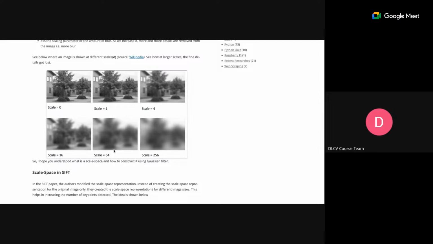So we calculated the difference, right? Now, once we have calculated the difference, there will be some points in the difference image which will have very small intensity change. You are simply eliminating those first by calculating the extrema.